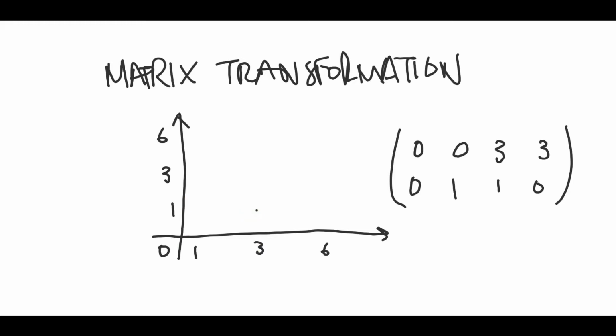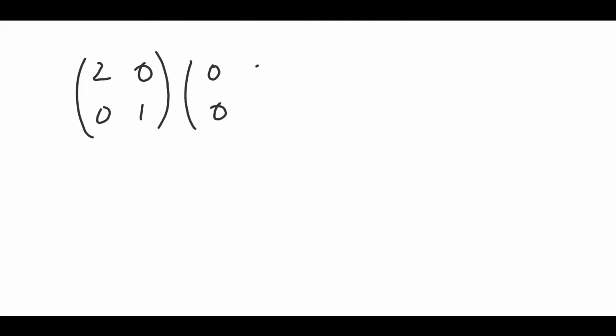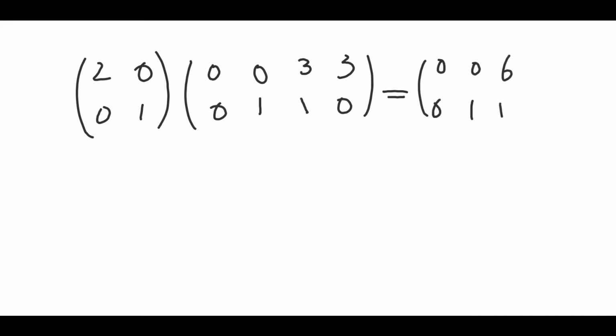So moving forward, we'll first multiply a matrix that is 2, 0, 0, 1 with our point coordinate matrix that is 0, 0, 0, 1, 3, 1, 3, 0. By matrix multiplication, the product that we'll get is 0, 0, 0, 1, 6, 1, 6, 0.